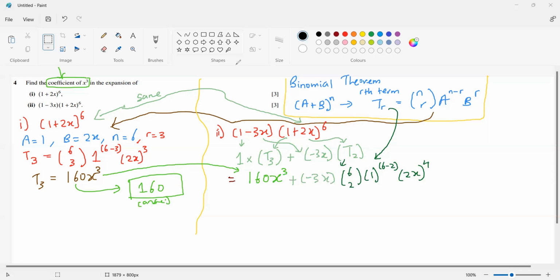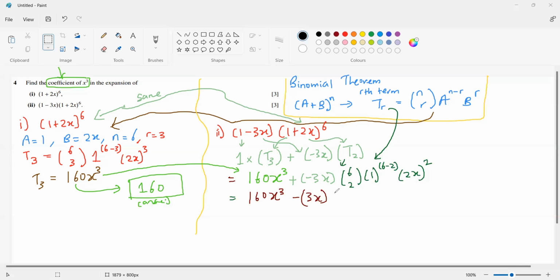Sorry, power of 2, right? See, wrong number. Power of 2. Please take note of that. Power of 2, and then r is 2. We just need to simplify this to get the answer. What I'm doing is a term simplification first, not talking about the coefficient just yet.